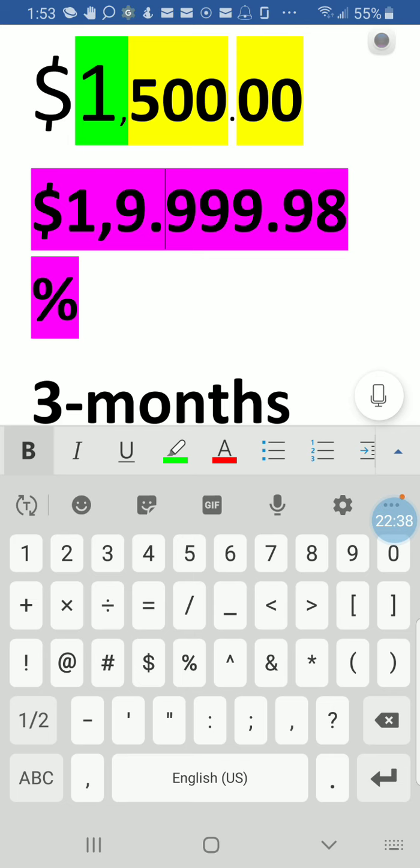Thinking about doing the math, how often are we really going to see our cash dollar amounts at 9.99 and 0.98 right there?